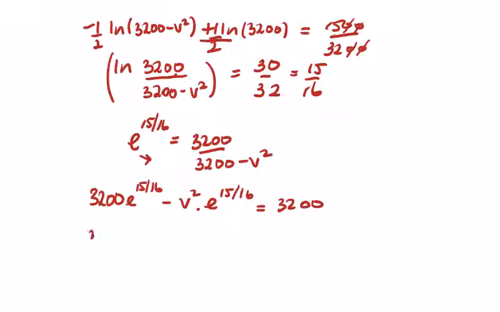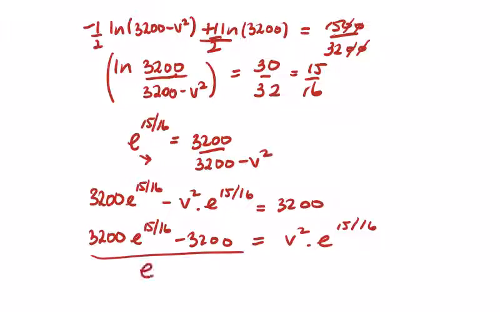Bringing v squared to the right, 3200 to the left, divide by e to the power of 15 over 16 and get the square root of the whole thing, and we'll be able to say that this whole thing will be equal to v.